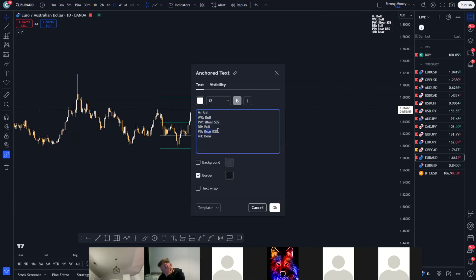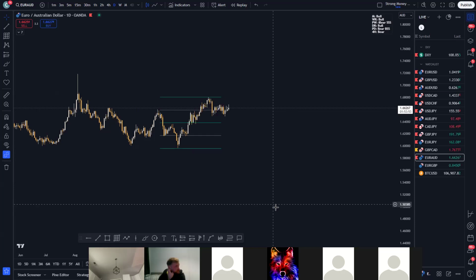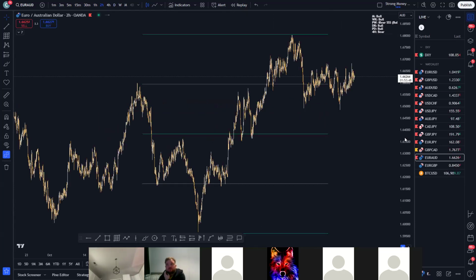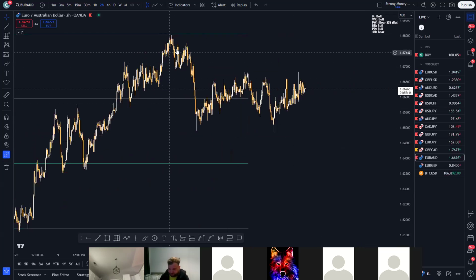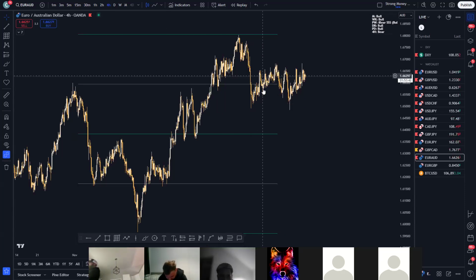Previous day is actually bullish. This looks like it might be shaping up to something. And then let's look at the hourly. This is it. Again, not very nice.